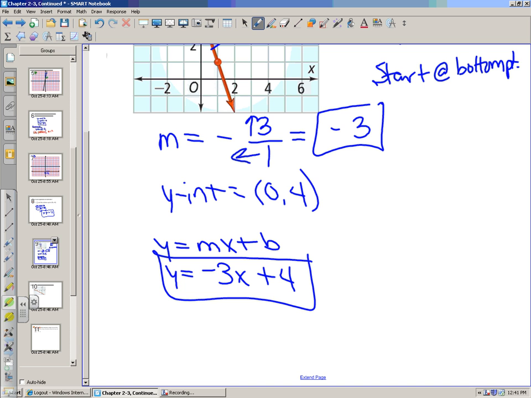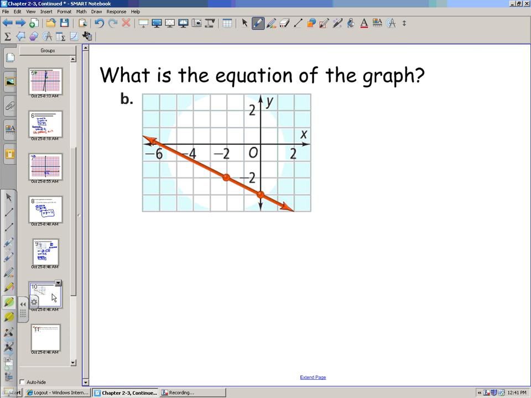Okay, let's do one more of those. I want you guys to do it right now. I need 2 bits of information out of there. I need my slope and I need my y-intercept. What's a dead giveaway?